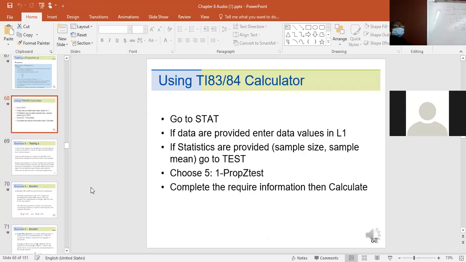If you have a question, let me know. P0 is what you get from H0, 0.3. And x is 88, n is 225. This is a right tail test, so you choose greater than.